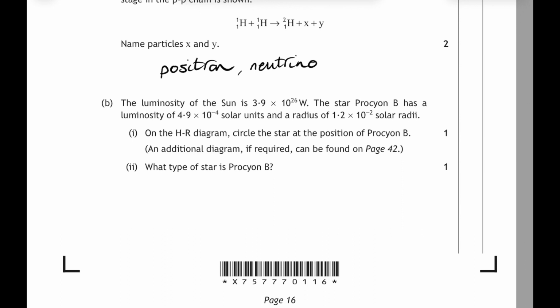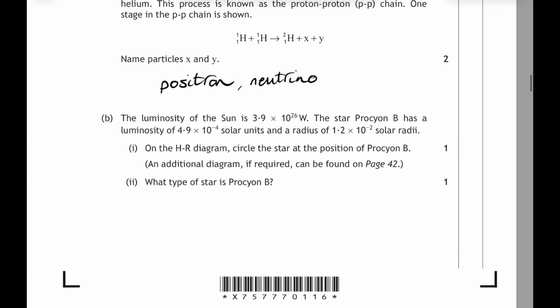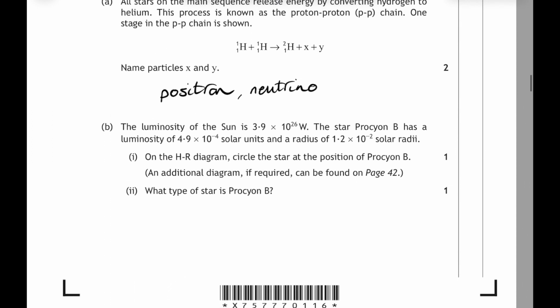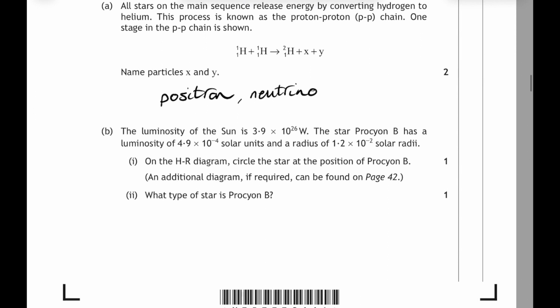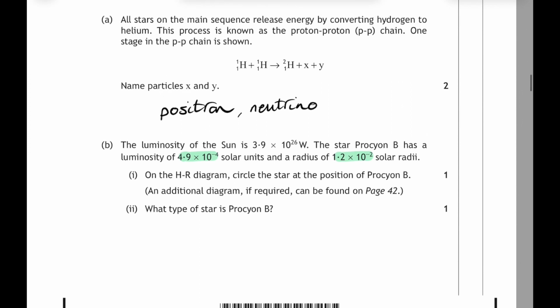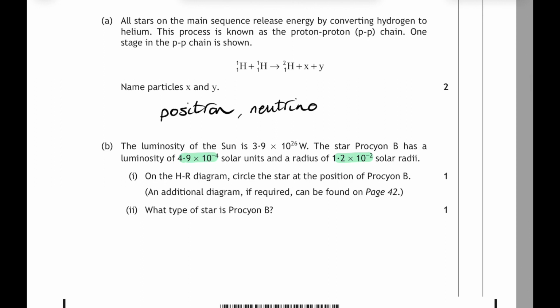And on the HR diagram, we have to circle the star at the position of Procyon B. And if you make a mistake, there's always an extra diagram at the back. So, the thing that's important here are the powers of 10 for the solar units and the solar radii. So 10 to the minus 4 solar units, that's the luminosity, and 10 to the minus 2 solar radii.